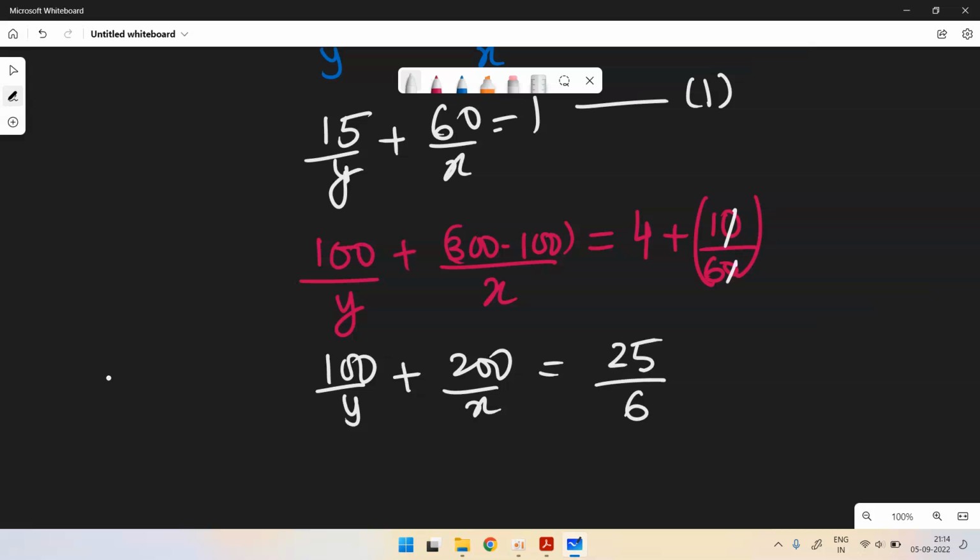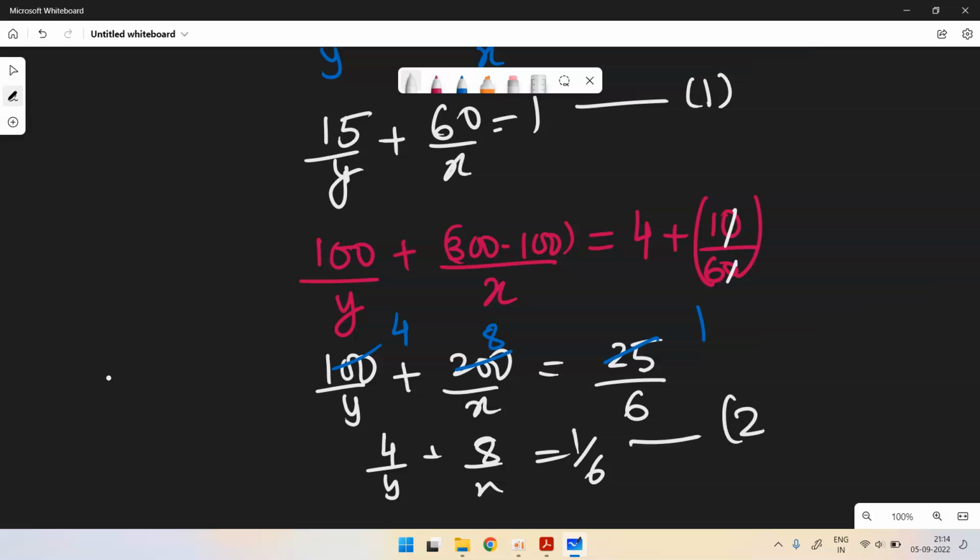Now if you cancel the 25, 25 fours are 100, and 25 eights are 200. So this equation reduces to 4 by y plus 8 by x equal to 1 by 6. This will be my second equation.